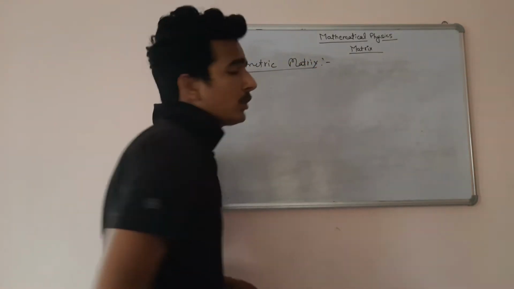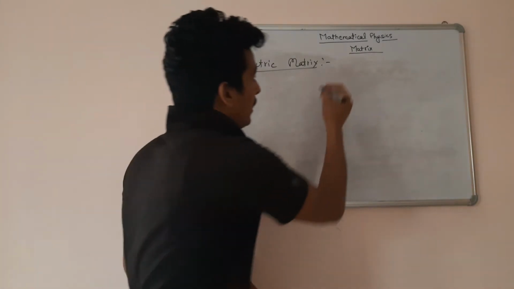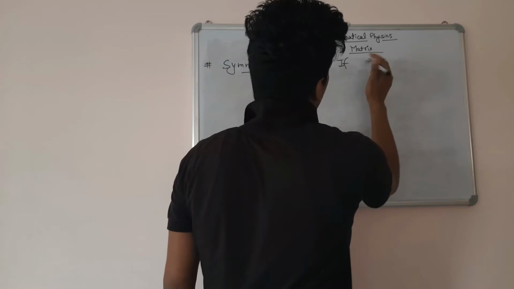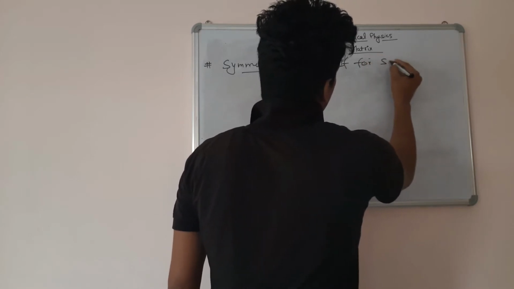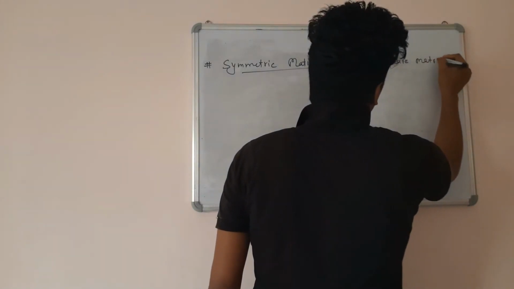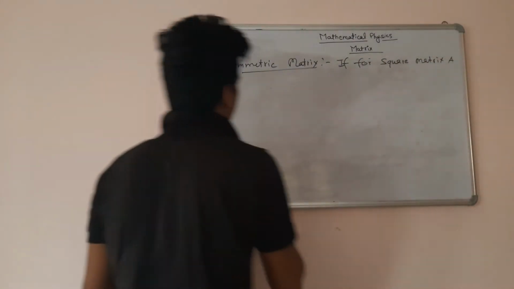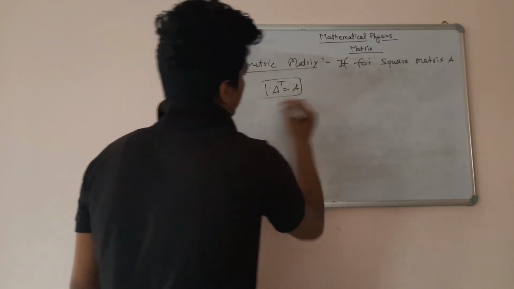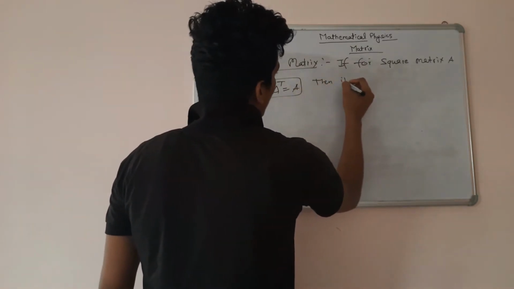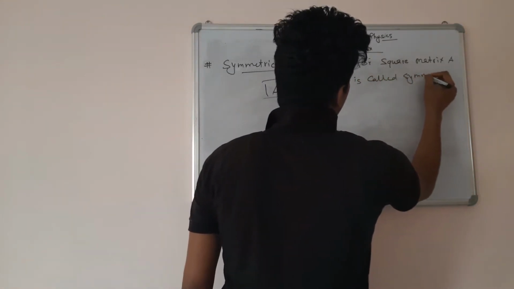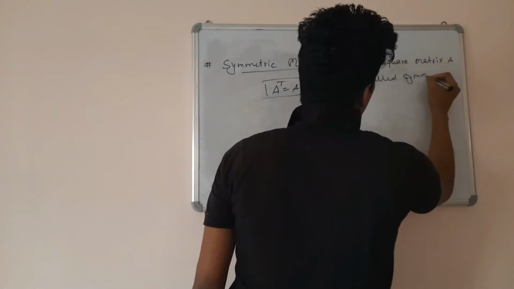What is the definition of a symmetric matrix? In simple words, for a square matrix A, if A transpose equals A, then it is called a symmetric matrix.